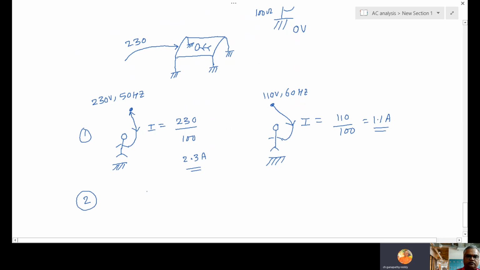The second difference is, let us connect a 100 watts bulb. The bulb is 100 watts.